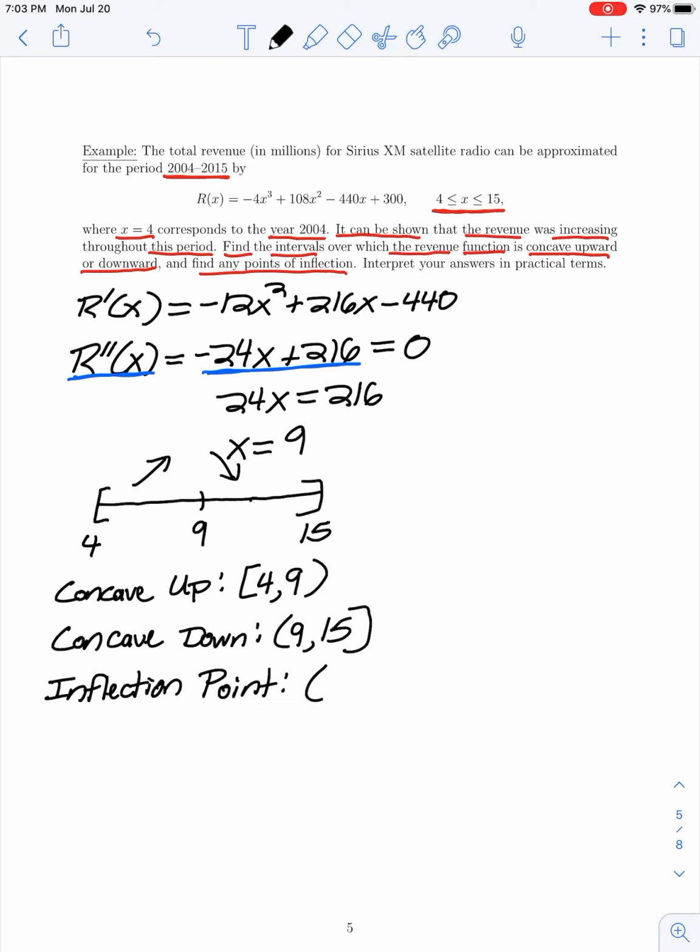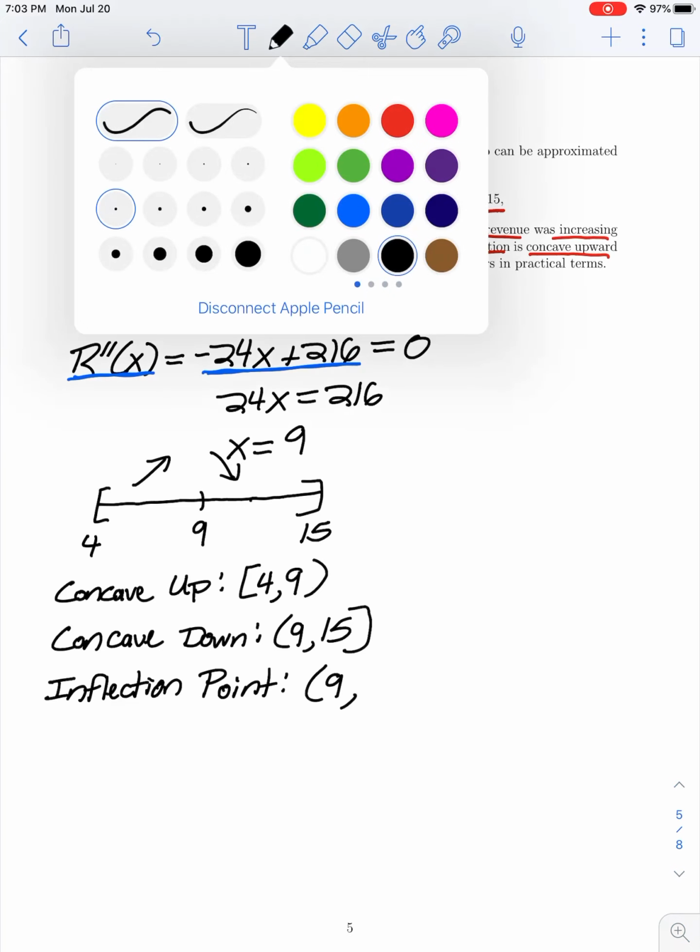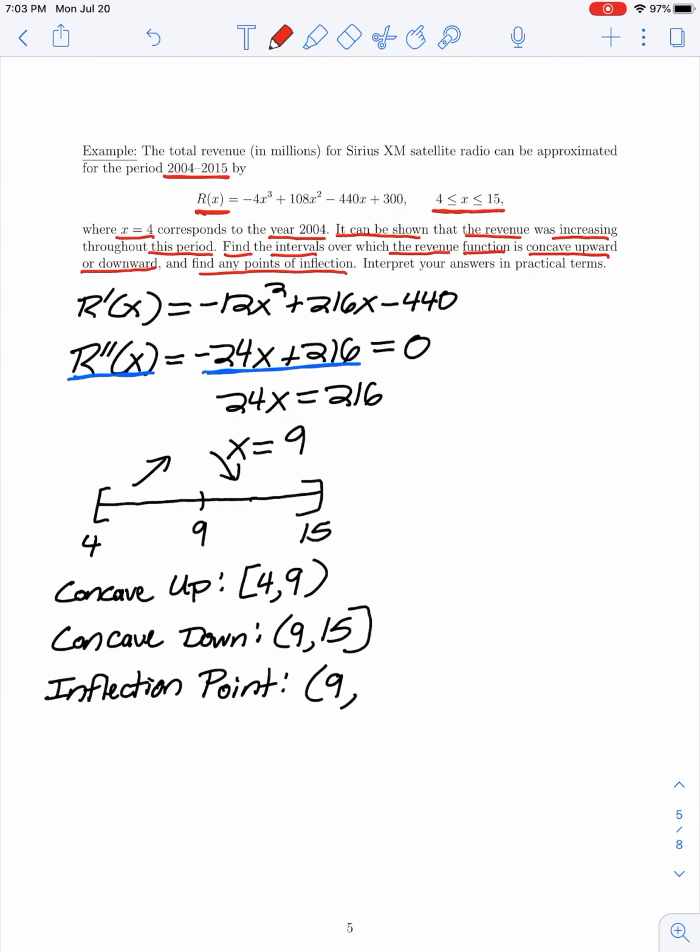We saw that we changed concavity at the value x equal 9, and then substituting 9 into the original revenue function, r of x, we get the y coordinate for that value. So here, substituting in 9 for that function, we get a value of 2,172. But remember, that was being measured in millions. So 2,172 million if we're thinking about the actual revenue value.